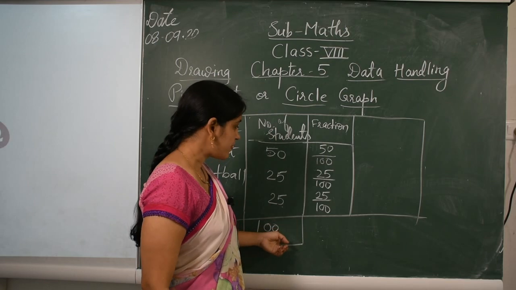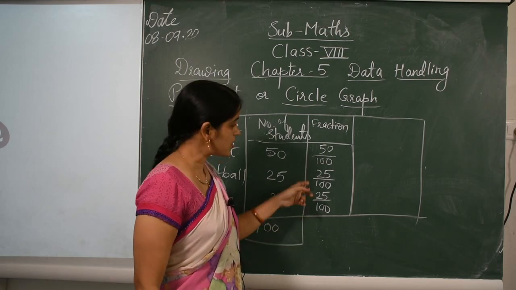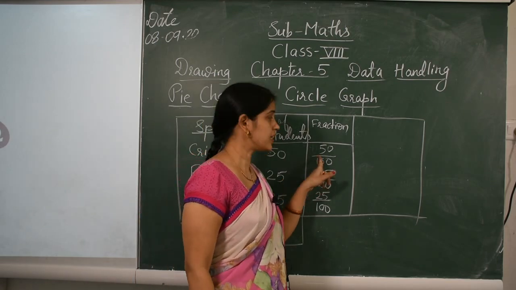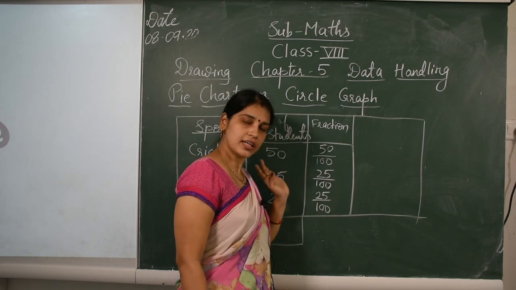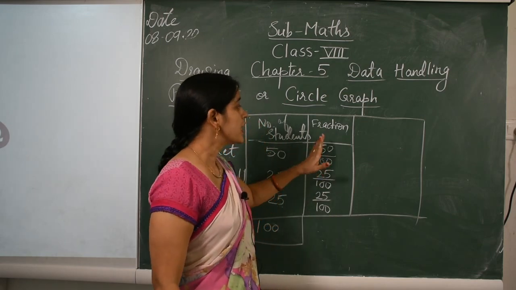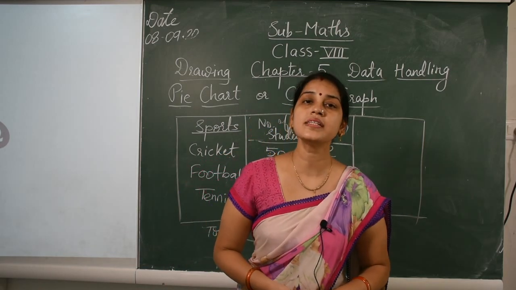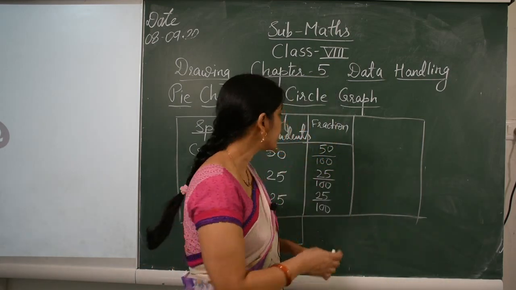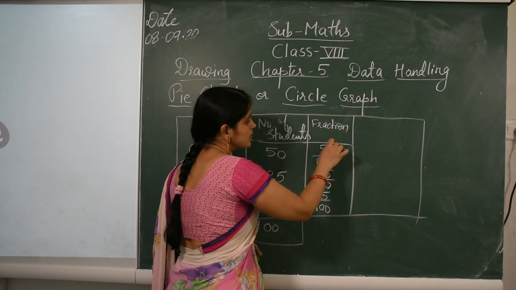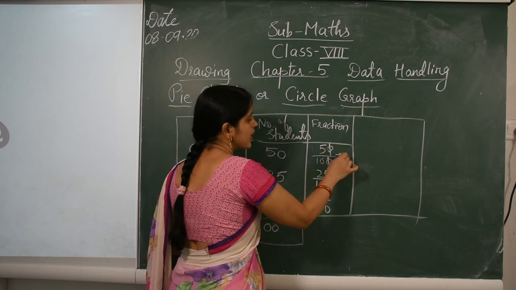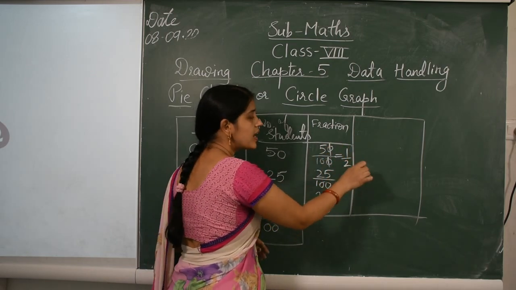Always whatever total is given in the question, that comes in the denominator, and in the numerator the given numbers. Now this fraction we can convert into simplest form. We will cut it. So this one gets cut, and 5 ones are 5, 5 twos are 10.